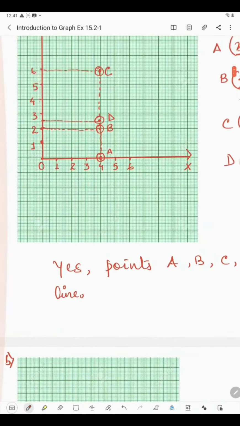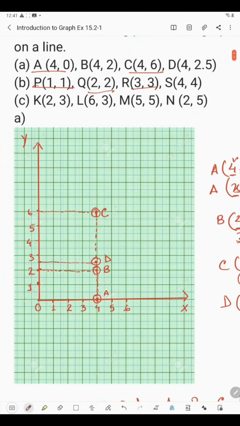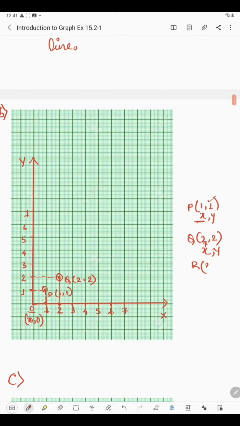Next we have 3, 3. So R is 3, 3. First we will put the value on the x-axis. So here is 3 on the x-axis, and we'll look at the y-axis to put the value of y.